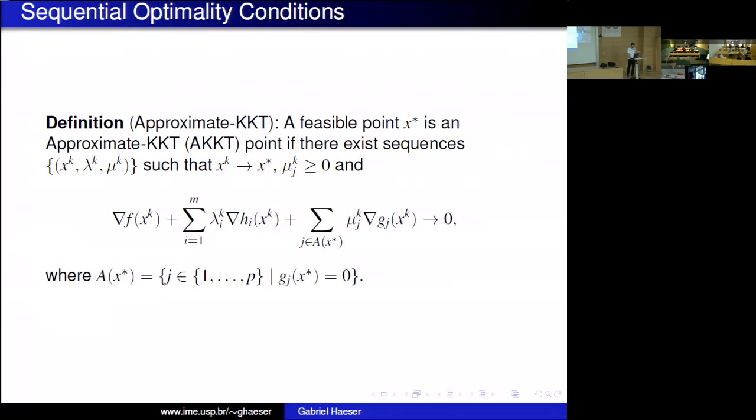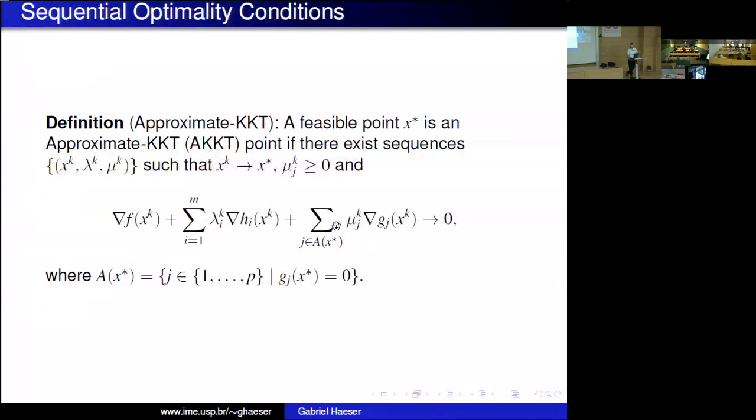These sequential optimality conditions, the approximate KKT condition is one of them, but the idea is that they generate stopping criteria for iterative solvers. So I could do this in principle. The difficulty here is this: I should be able to know which are the active constraints at the solution.